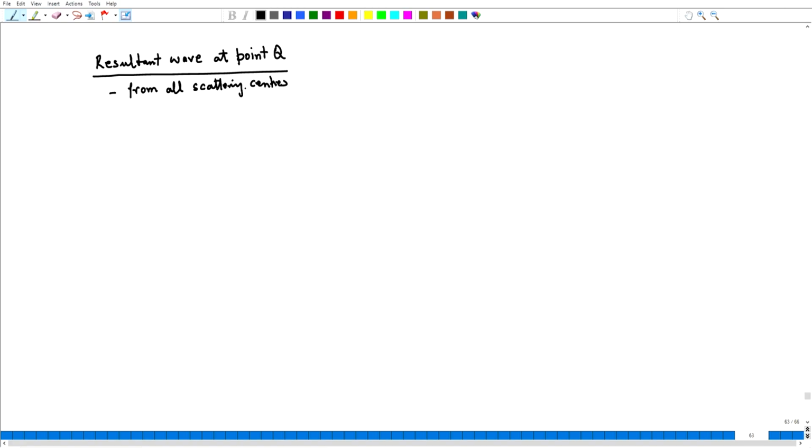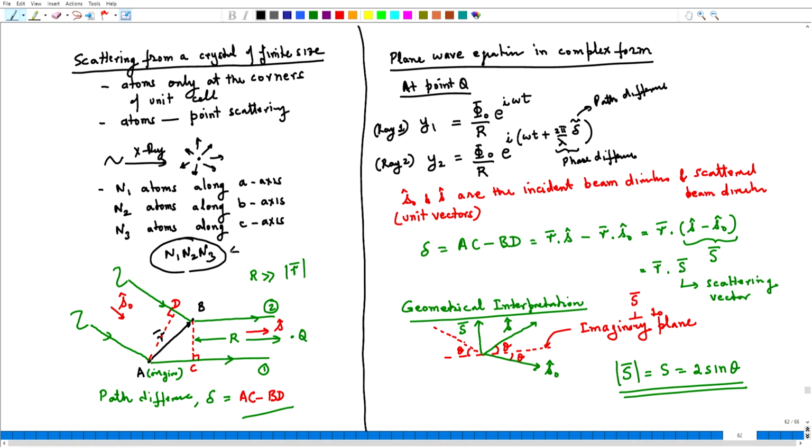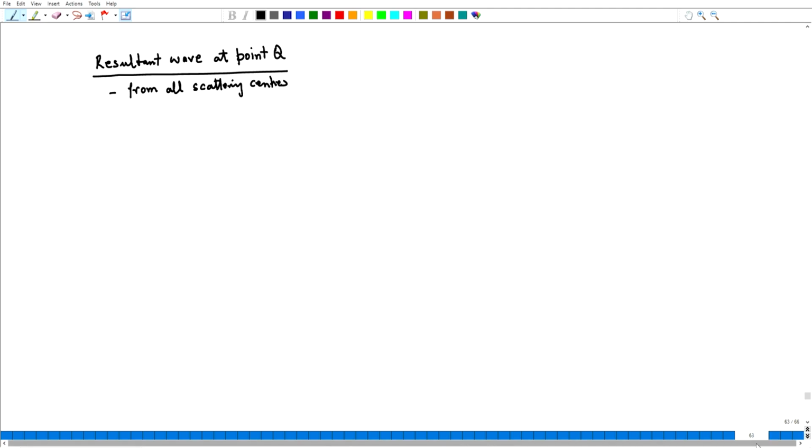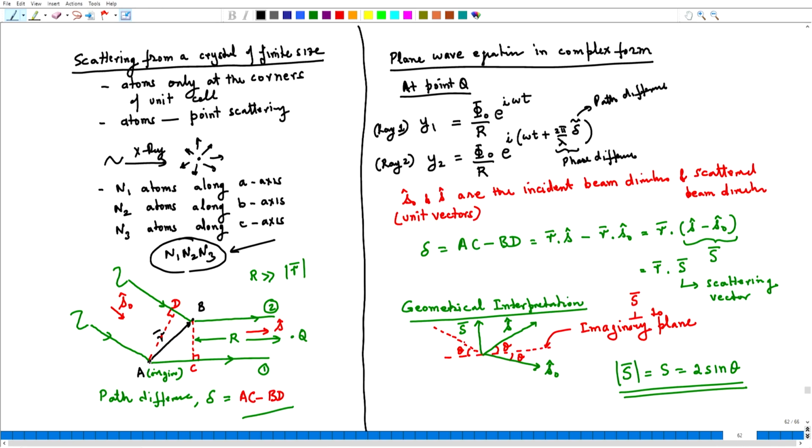And we already know that we have a total of N1 times N2 times N3 scattering centers. And we can think of going back to this diagram. I have taken point A as the origin. From this origin A, I define all the scattering centers in the crystal, which will be given by different R vectors.